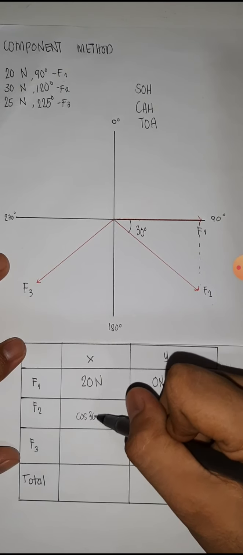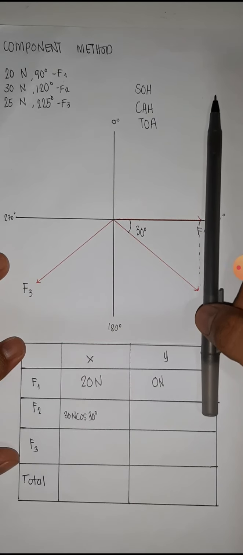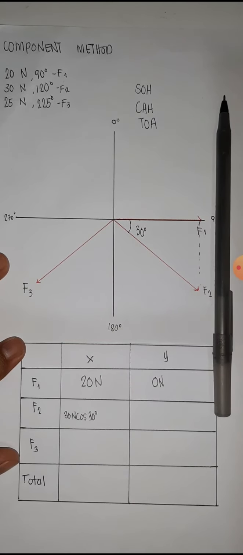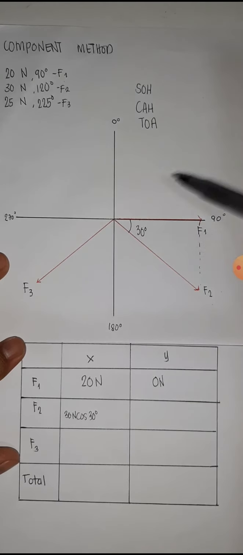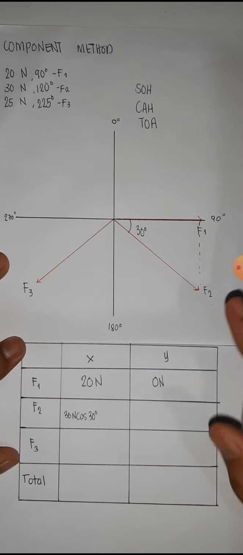For the y component, this is your y-axis. If you move your y-axis, it is in line with the opposite side of your angle 30. Again, this is your angle 30, and the opposite side of angle 30 is in line with your y-axis.